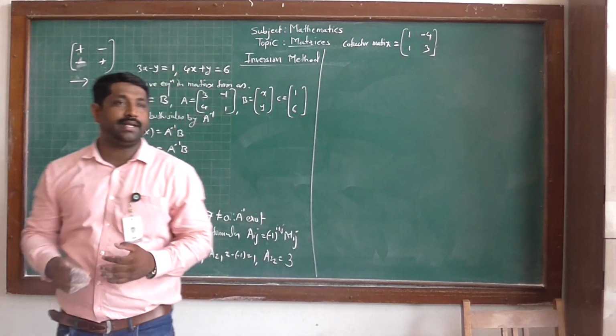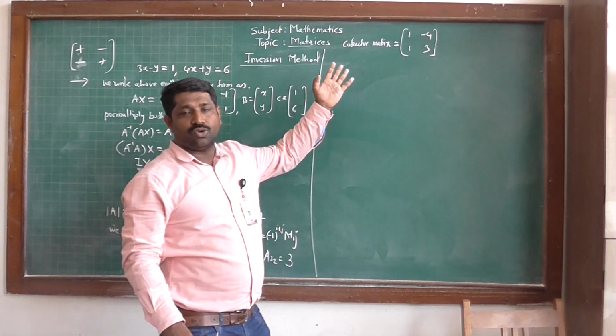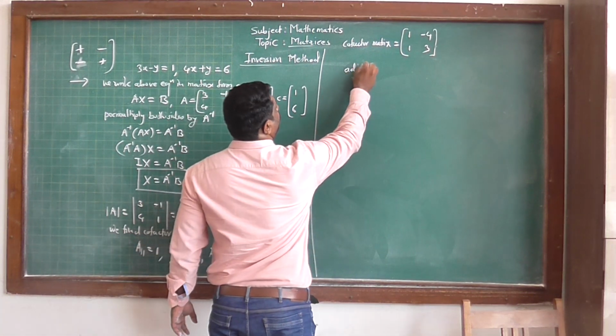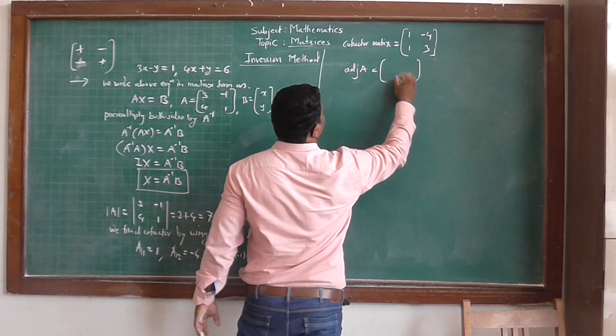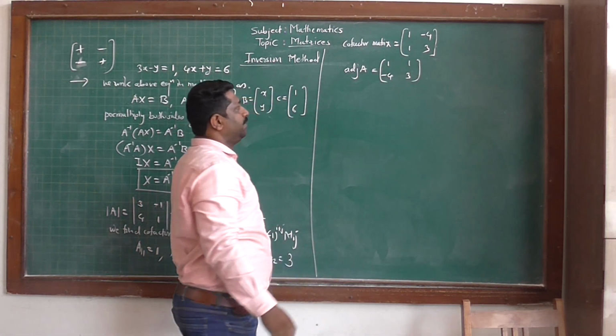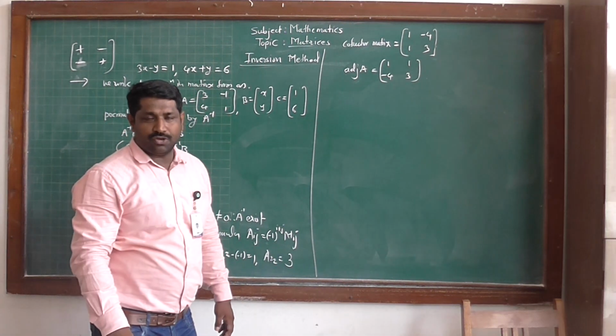So this is the cofactor matrix. Now the transpose of this cofactor matrix is nothing but the adjoint of A. So adjoint of A is the transpose of this matrix: 1 1 minus 4 3. So this is the adjoint of A.